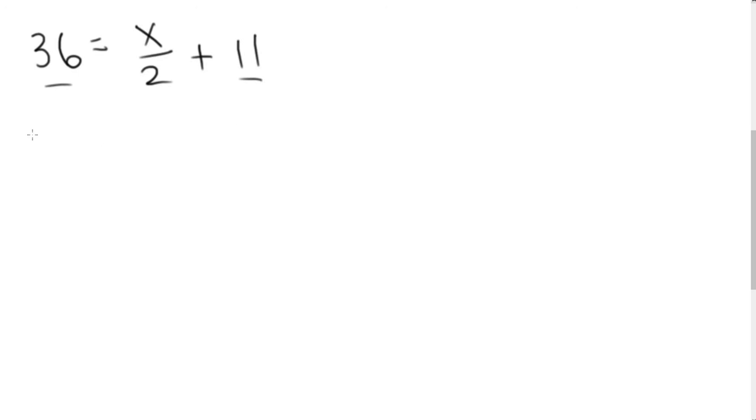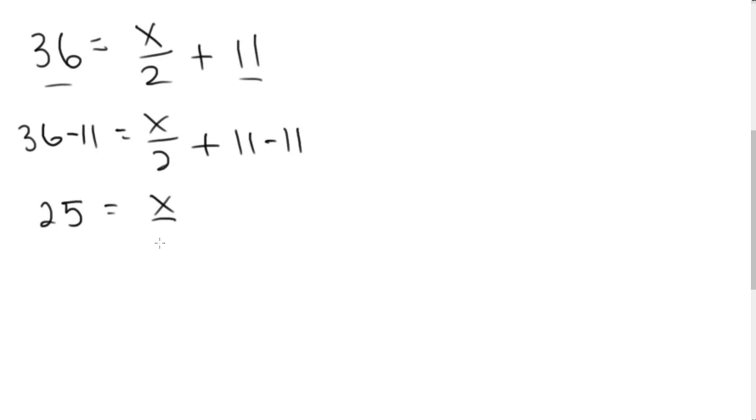I got 36 minus 11 equals x over 2 plus 11 minus 11. That's going to get rid of those 11s. That 36 minus 11, 25 equals x over 2. Cancel, cancel.